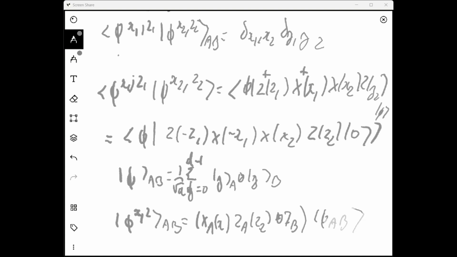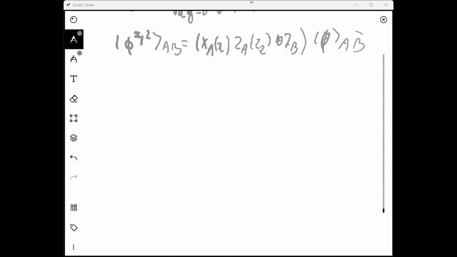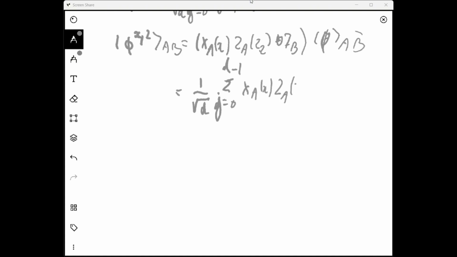It's just equal to 1 over square root of t of the sum of g equals 0 to t minus 1 of xa x z z of g a or gb.